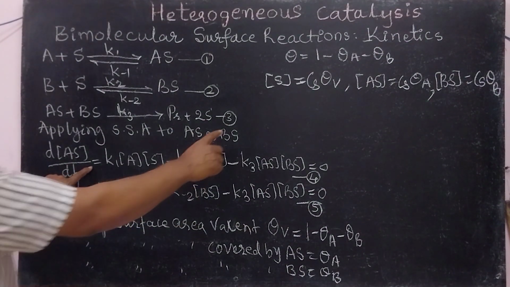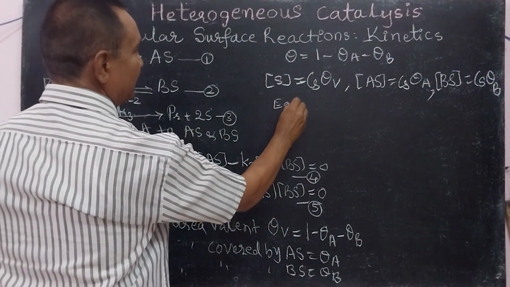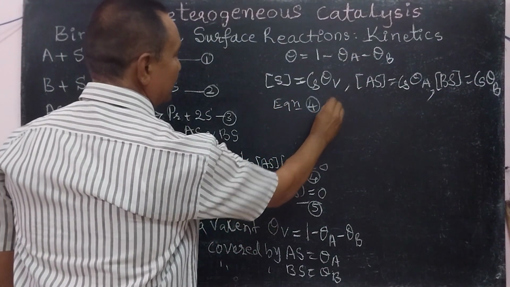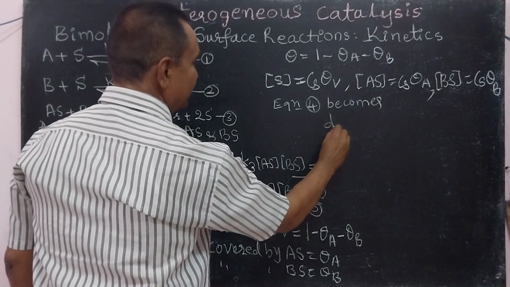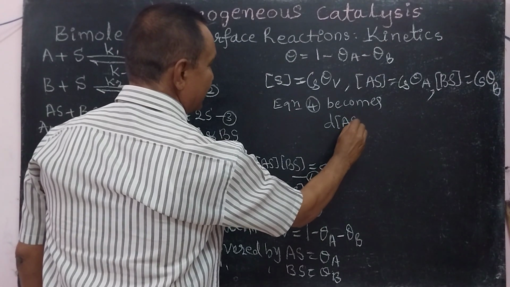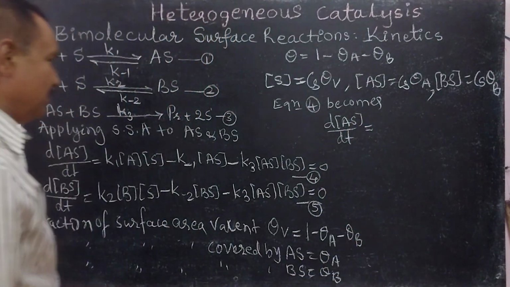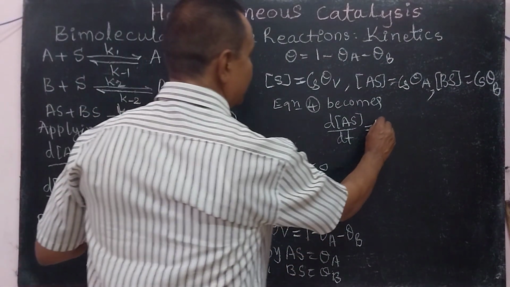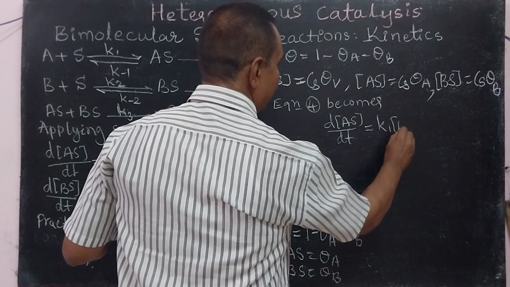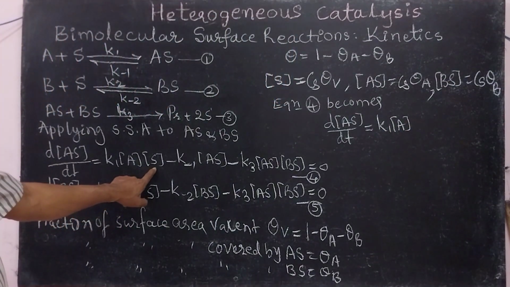Now equation 4 becomes d[AS]/dt equal to K1 A, and what is S?